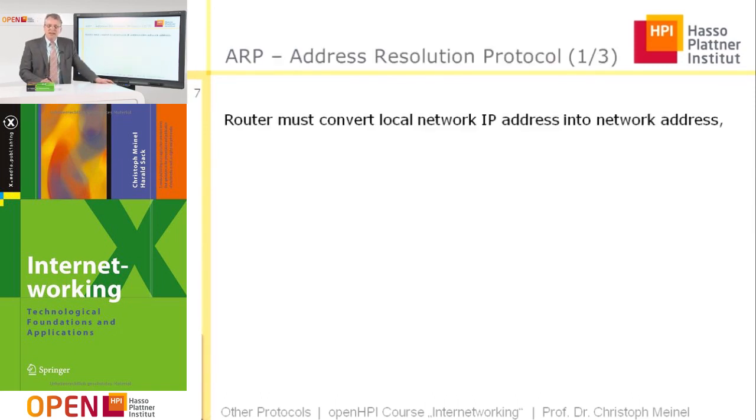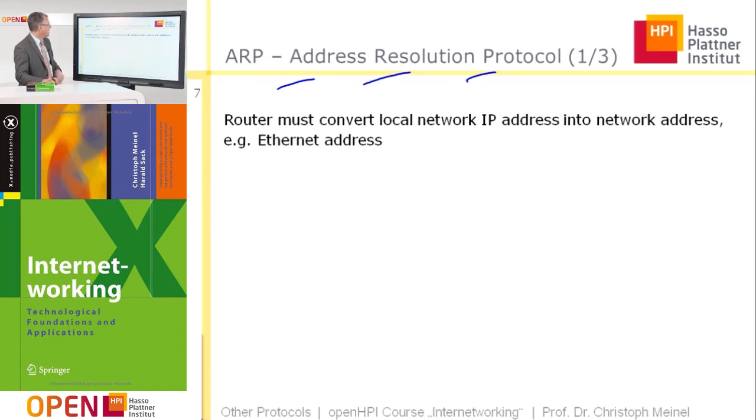To give another example of a protocol on the Internet layer of the TCP/IP protocols, let's have a look at the ARP protocol, the Address Resolution Protocol. The task of this ARP protocol is to convert a local IP address into the network address that's understood by the network.